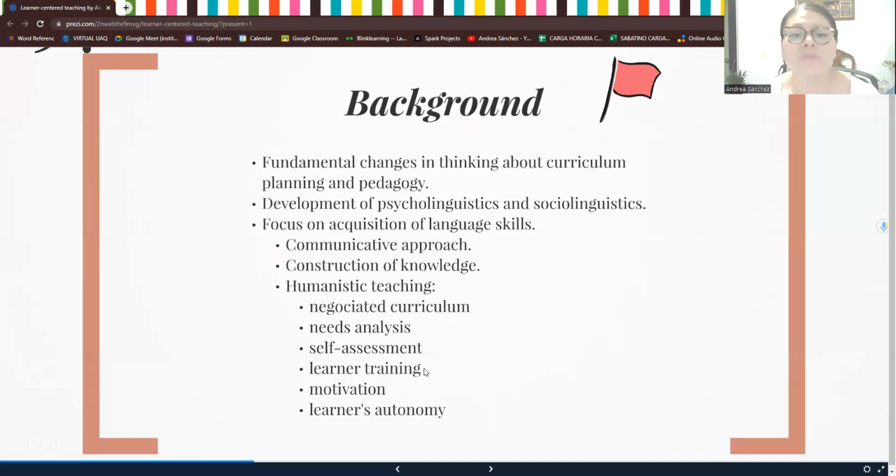Learner training refers to all the learning strategies that we were mentioning a couple of classes ago. Basically, it's what my students need from me, in the sense of all the knowledge that I have. For example, how should I let them know that they could learn better? Let's suppose that I see that my students are having a hard time with listening.